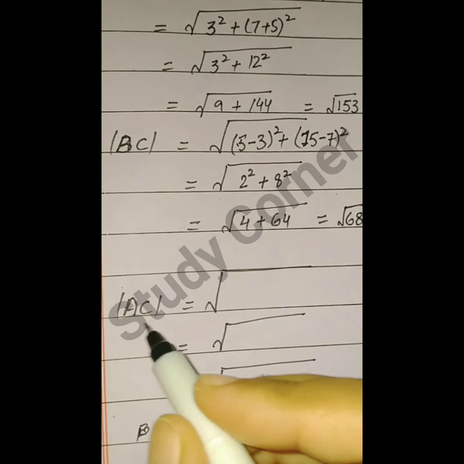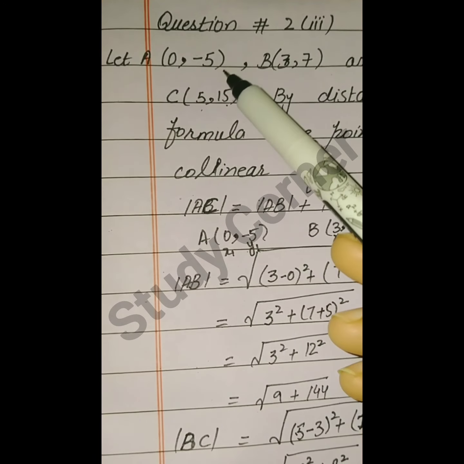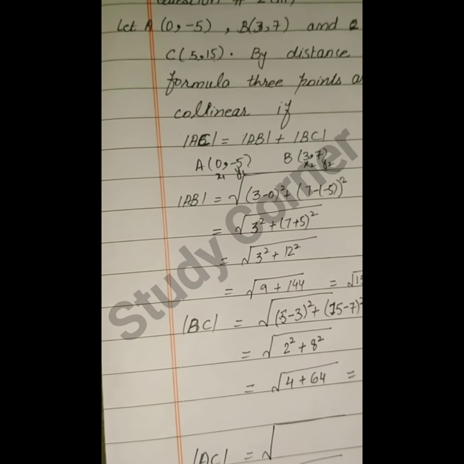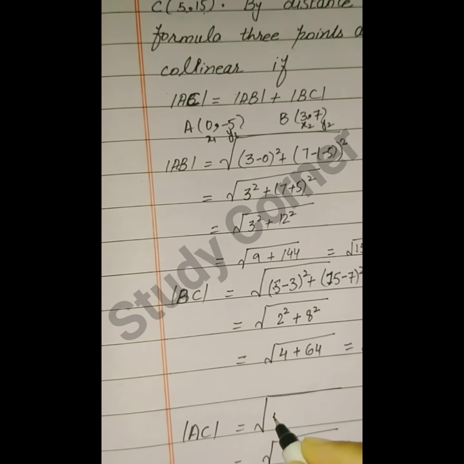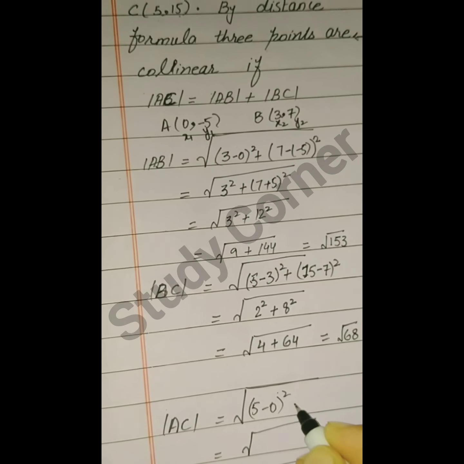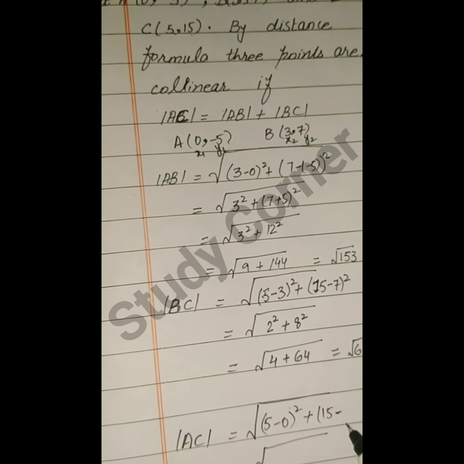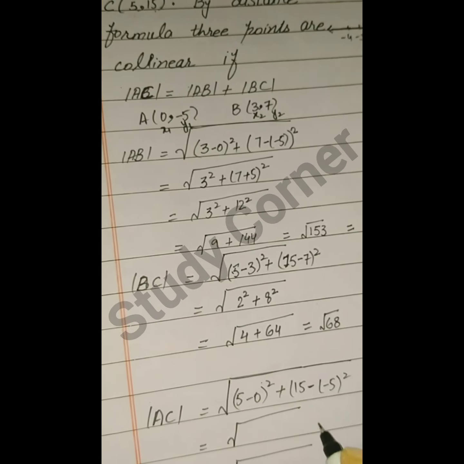And now AC. The point A is (0, -5) and the point C is (5, 15). So that is 5 minus 0 whole square plus 15 minus (-5) whole square.